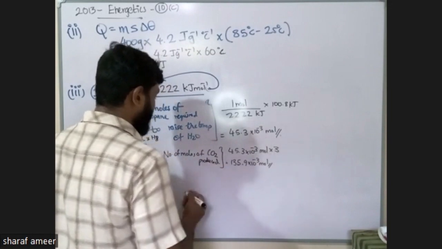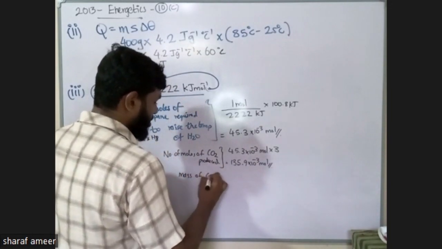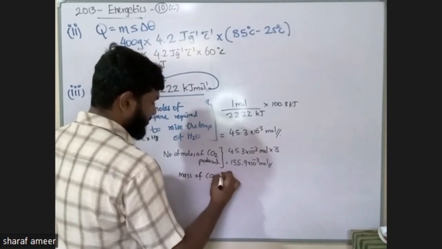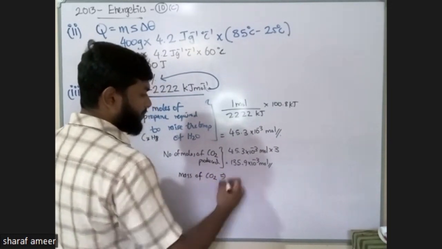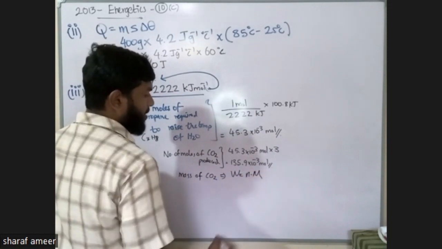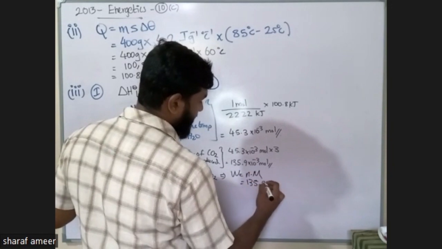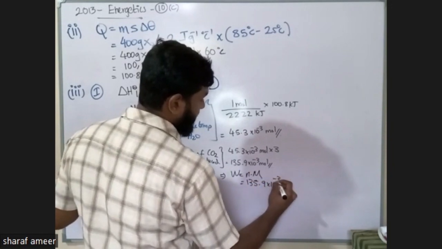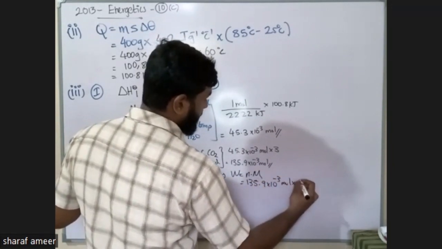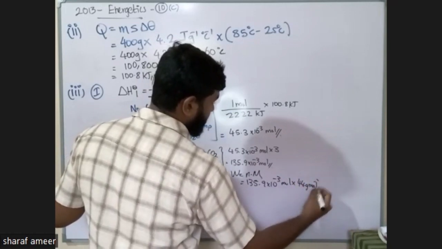Right? So mass of CO2 is equal, W is equal to moles into molar mass. So 135.9 into 10 to the power minus 3 moles into 44 gram mole minus 1.